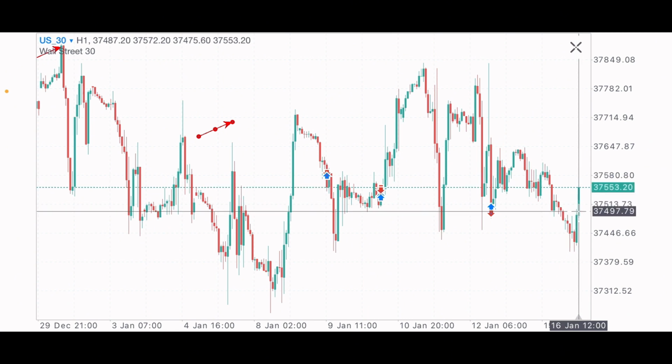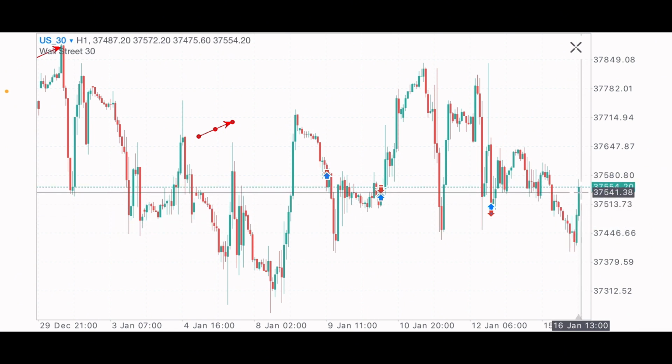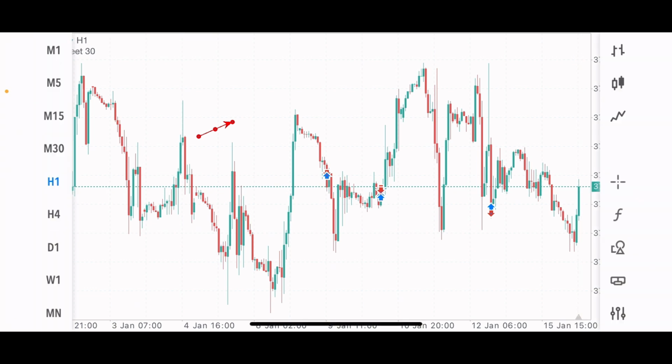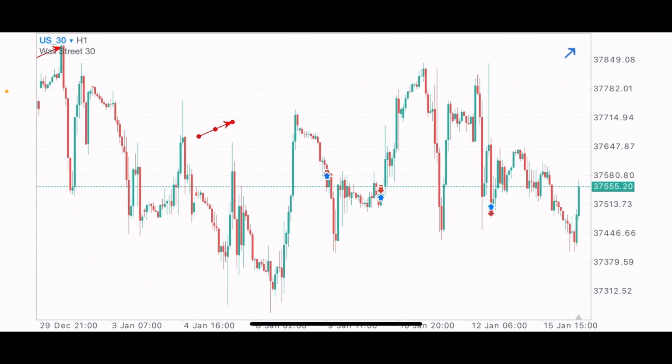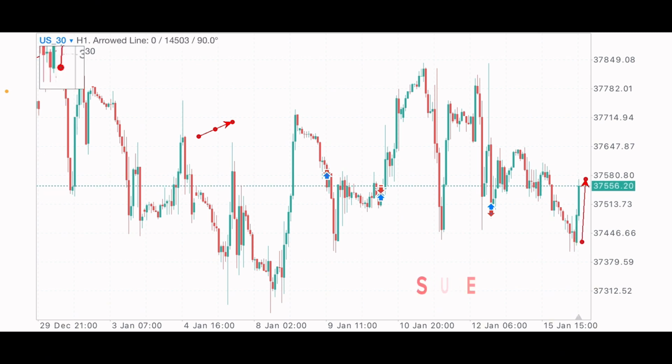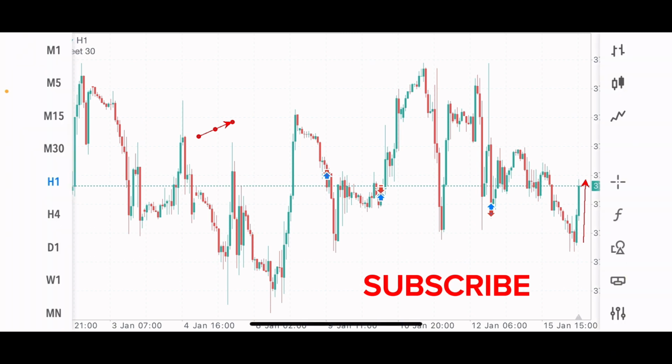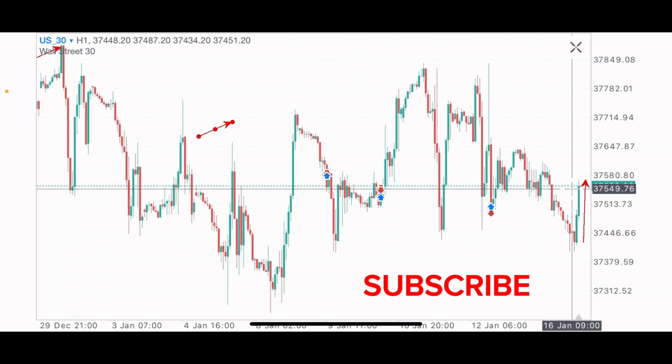This market would sell because what we're seeing is that the market has bought, and this is not just a small buy position. If you look at it from this angle, you can see this market has bought until this point, and right now the next step is for the market to sell.